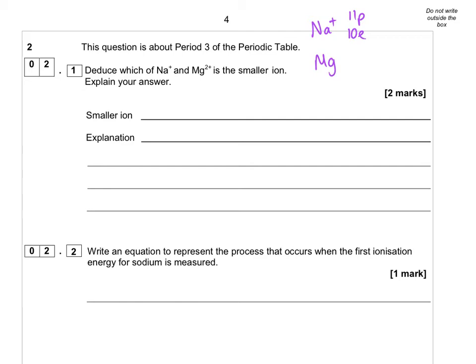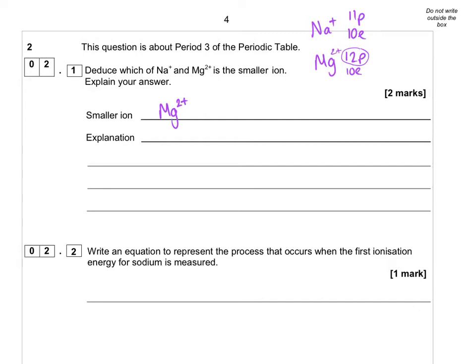Magnesium has got 12 protons and only 10 electrons. So the effect of these 12 protons on an ion that has the same number of electron shells is it's going to pull everything in, and the ionic radius is going to go down. So the one that is the smaller ion is going to be Mg2+.